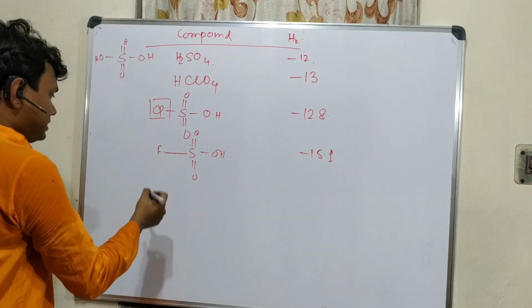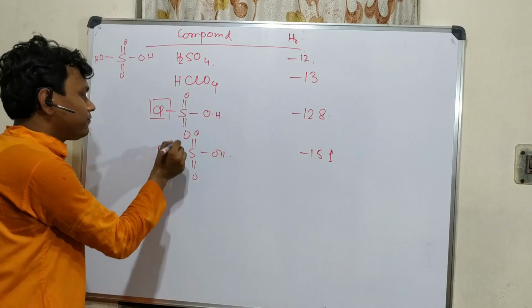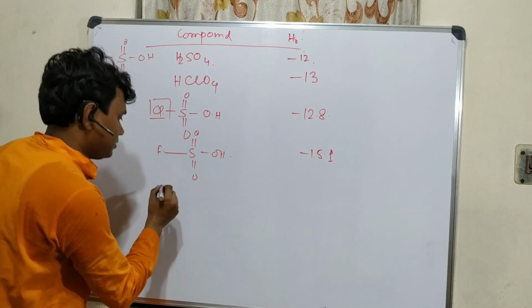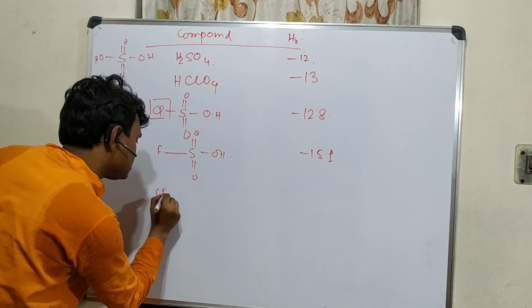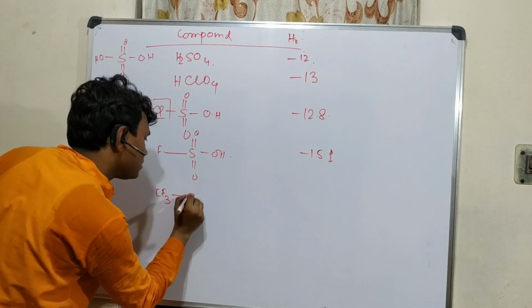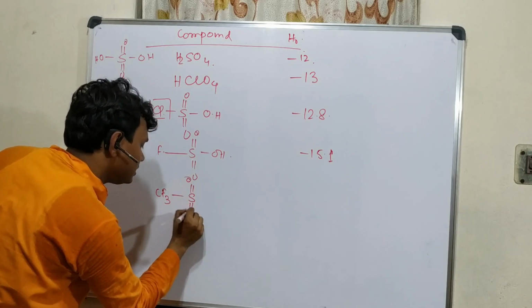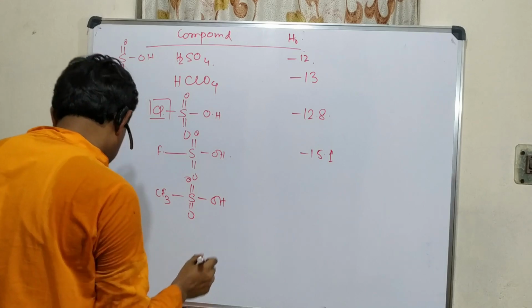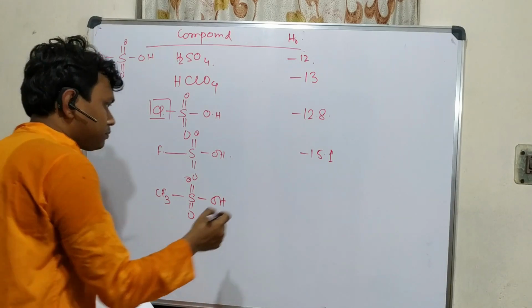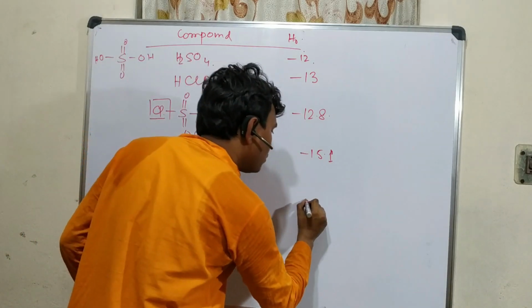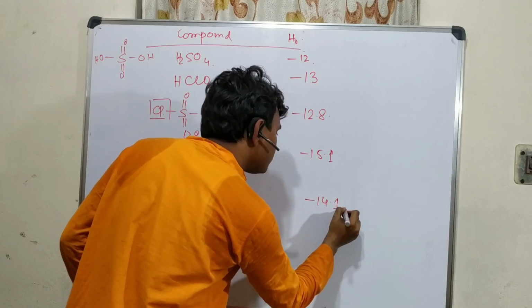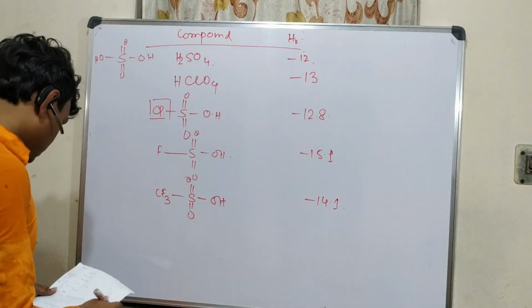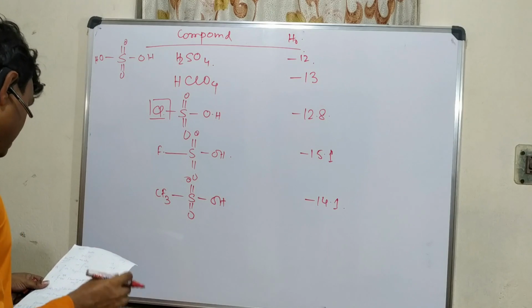Similarly, fluoro groups are generally highly toxic. That's why people prefer to replace the fluoro with CF3. Its acidity, the H0 value, is -14.1. Okay, so these are the sulfuric acid derivatives.